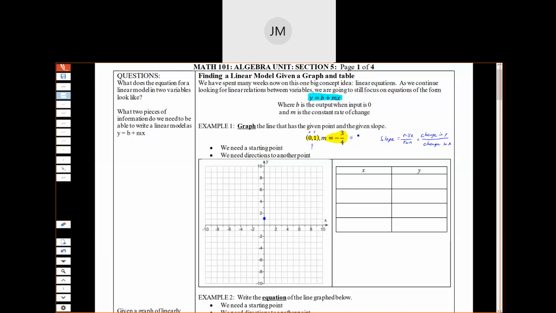If I write this slope as -3 over 4, just to be clear with where the negative goes, because I don't want to go in two places, then I have a change in y of -3, that means down 3, and a change in x of 4, so over 4. So I go over 4, 1, 2, 3, 4, and go down 3, 1, 2, 3, and that gets me to another point.